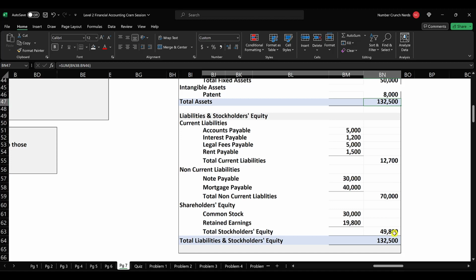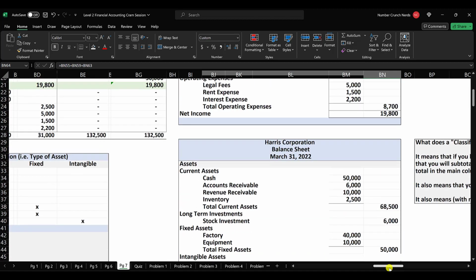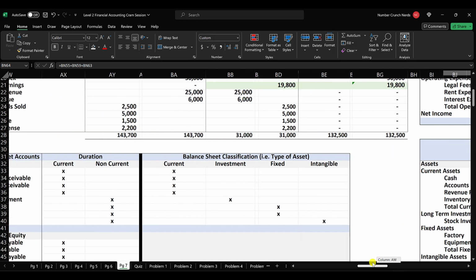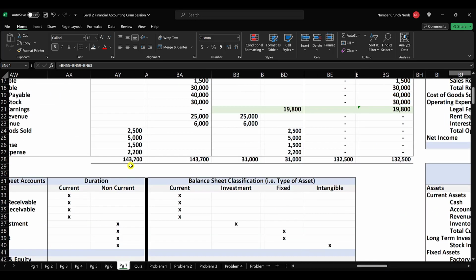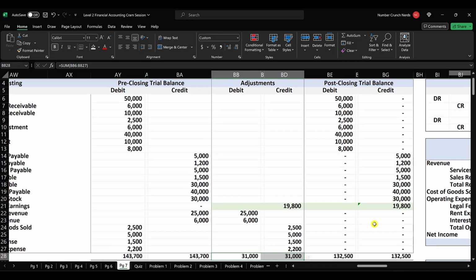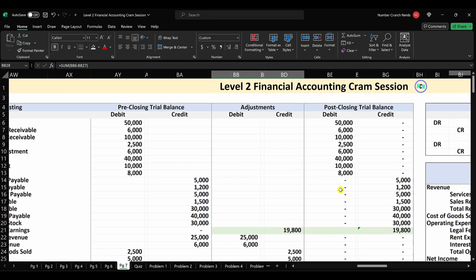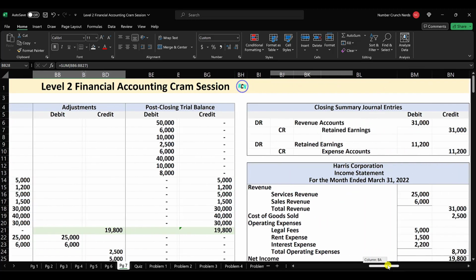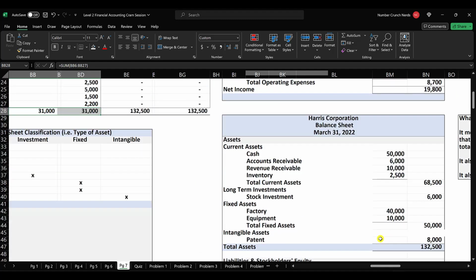You want to make sure that your balance sheet is in balance. You want to make sure that your pre and post-close trial balance is in balance. You want to make sure that your adjustments are in balance. All of this is debit and credit. All of this is double entry accounting. And when everything is in balance, then it works out quite nicely like we have here.